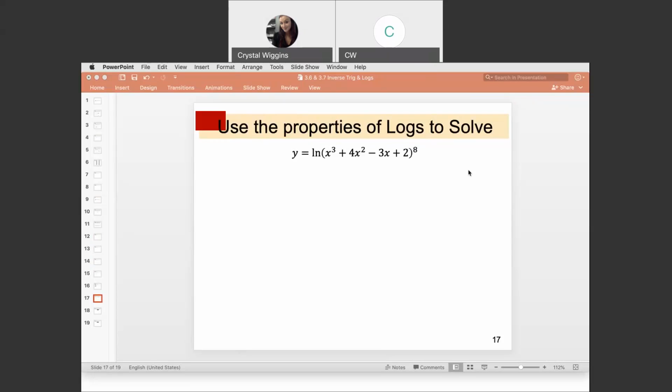So if I'm using my log properties to expand this equation, the first thing I'm going to do is take this exponent and bring it down as a multiplication in front. So I have 8 times this whole loggy thing, ln of x cubed plus 4x squared minus 3x plus 2.